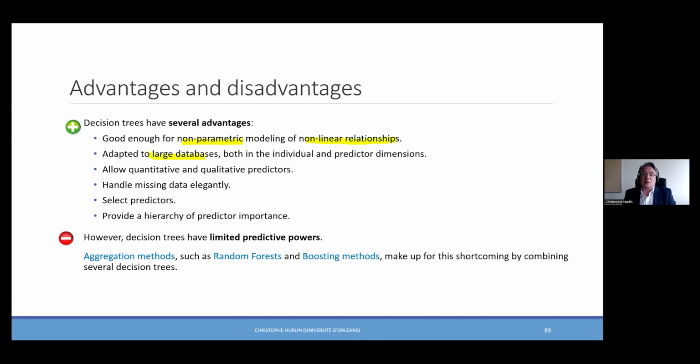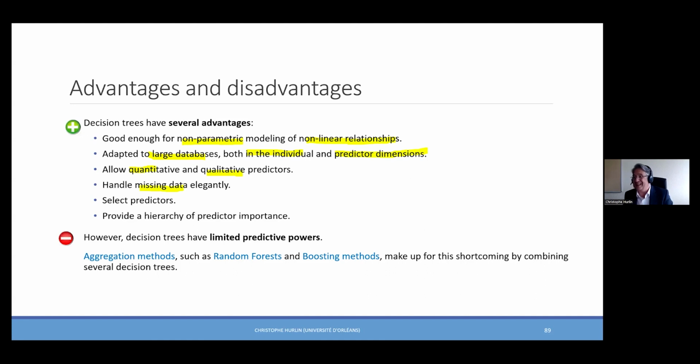This method is also adapted to large databases, both in the number of individuals n and the predictor dimension p, so I can use a decision tree with many individuals or with many features. This allows the use of quantitative and qualitative predictors. This allows us to consider missing data.